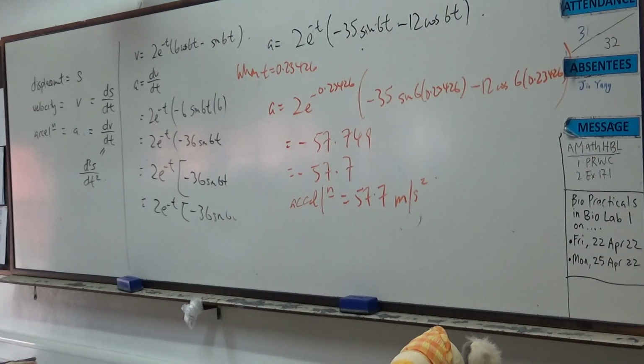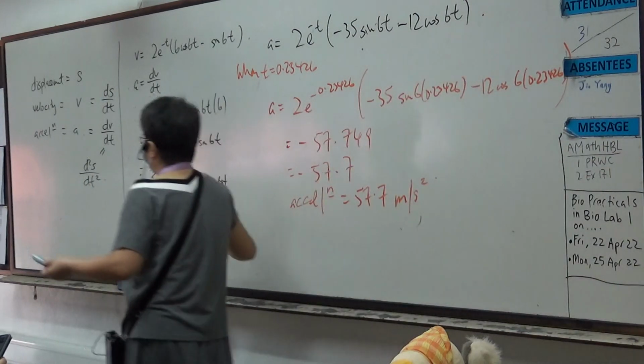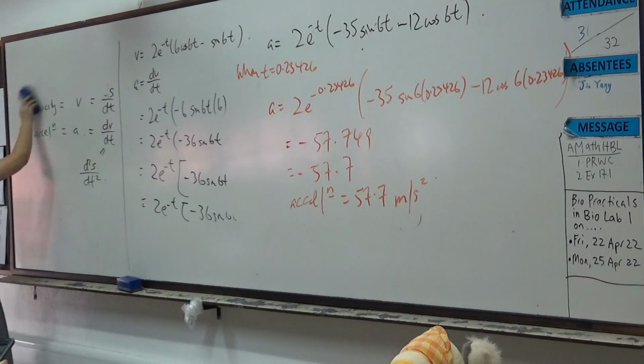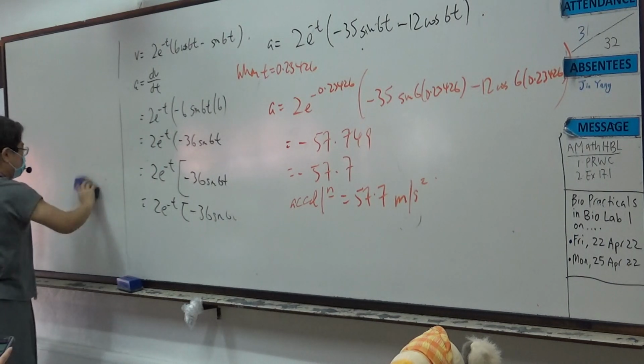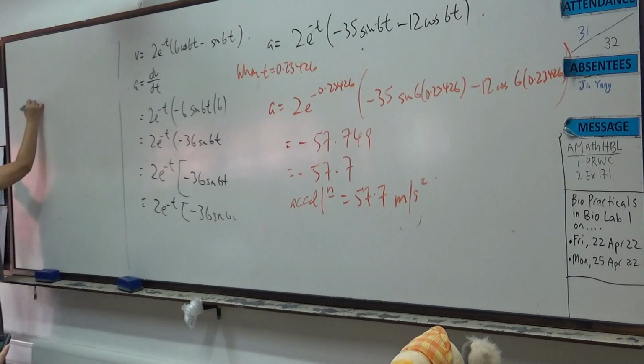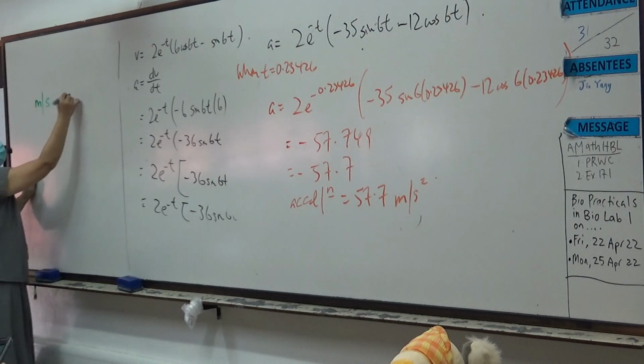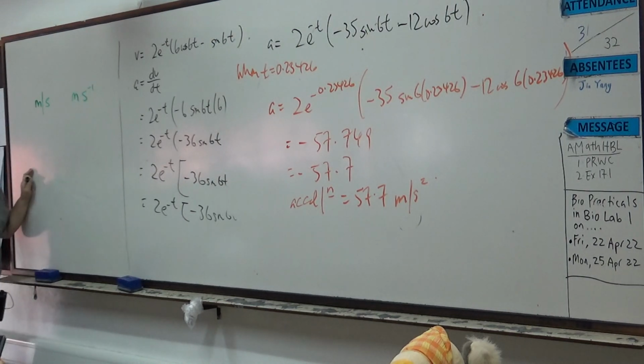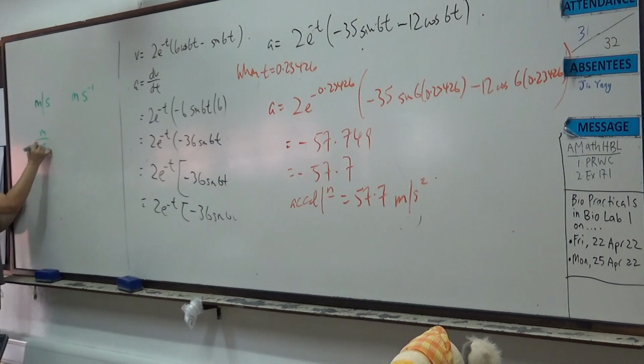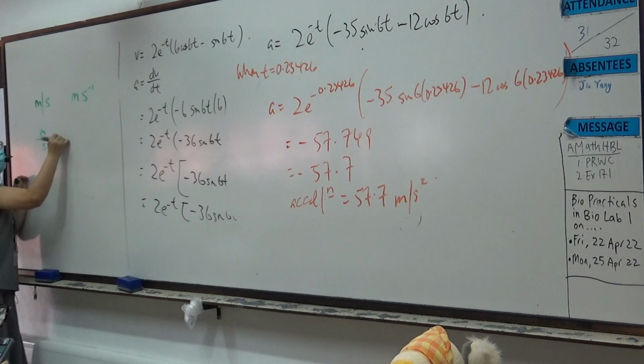Okay? Now, at this juncture, I want to confirm something because you told me the whole class don't take physics, right? Velocity is in meter per second, right? So it's also meter second minus 1. So I write it in index form, meter s minus 1.